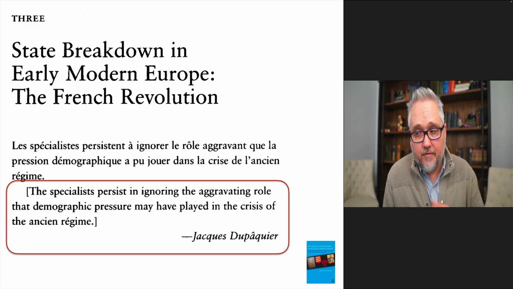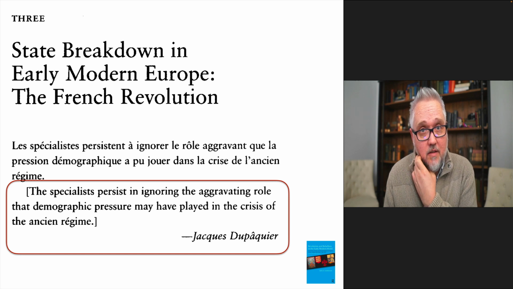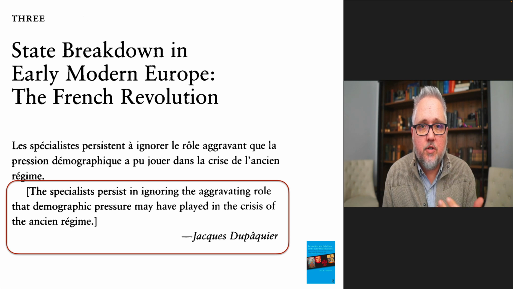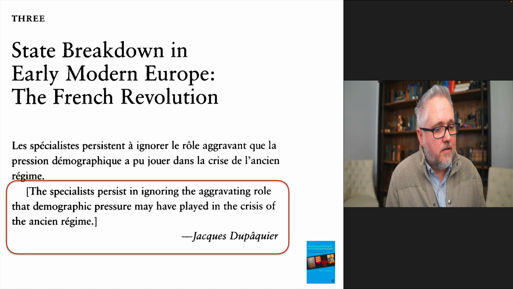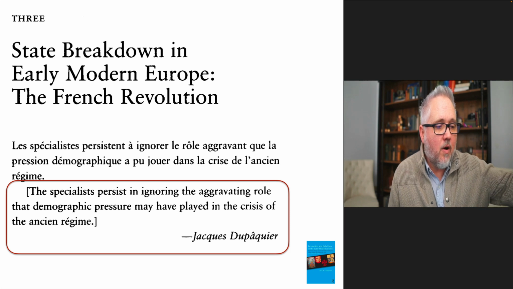And a couple of interesting quotes from this book at the start of each of these chapters. I think they reiterate the importance of the cost of living and population pressures leading to potential individual level motivations for conflict. This one quote says, "The specialists persist in ignoring the aggravating role that demographic pressure might have played in the crisis of the ancient regime."